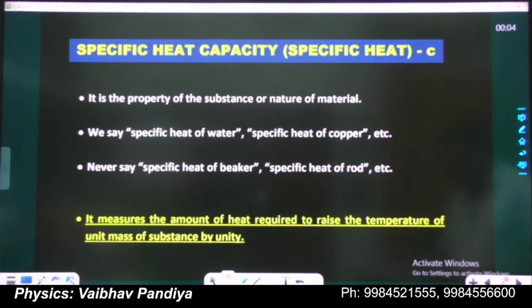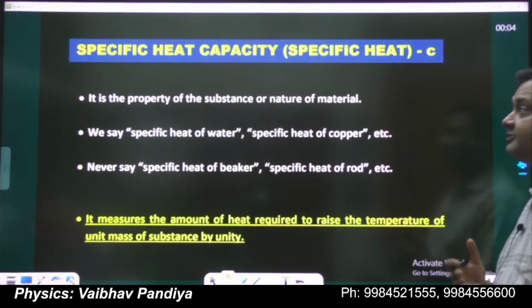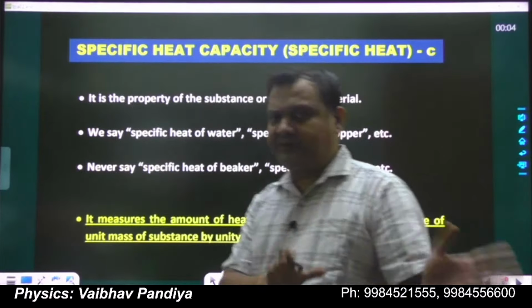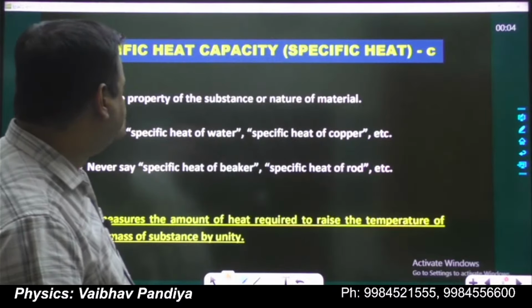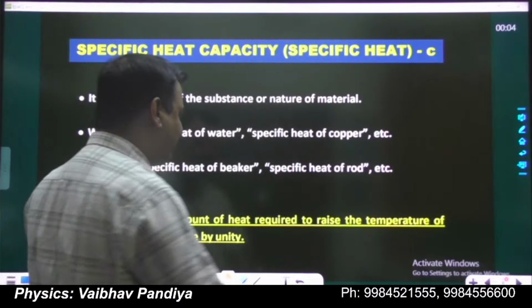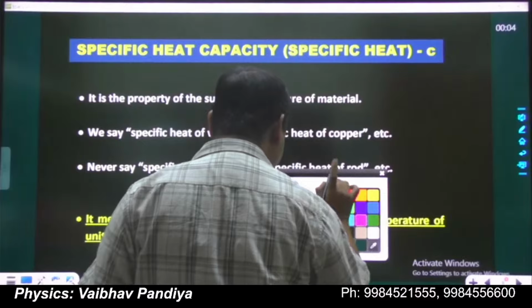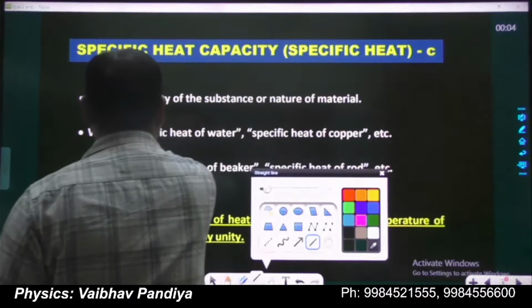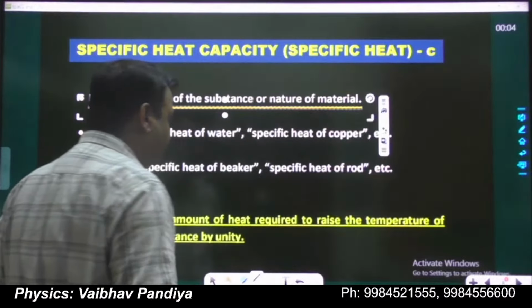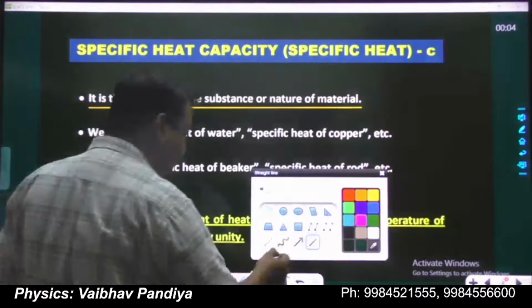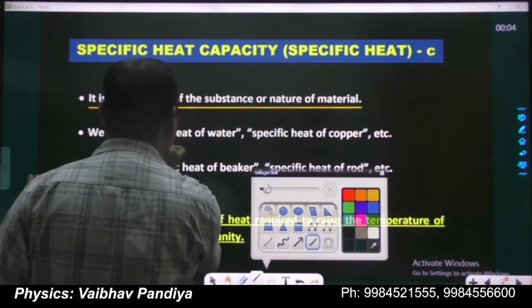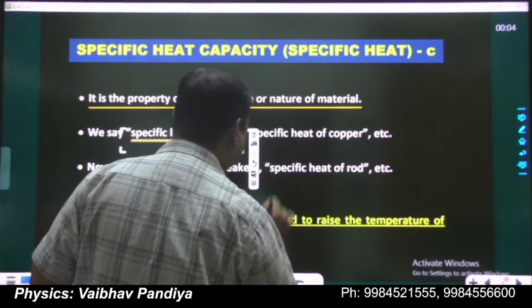Now let's see what is the meaning of specific heat capacity, or simply the specific heat denoted by small c. First of all, understand it is the property of the substance or nature of material. It is not the property of the specimen, okay? It is the property of the substance. So we always say something like this: a specific heat of water, a specific heat of copper, a specific heat of aluminium, correct?